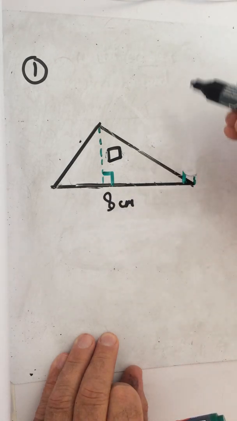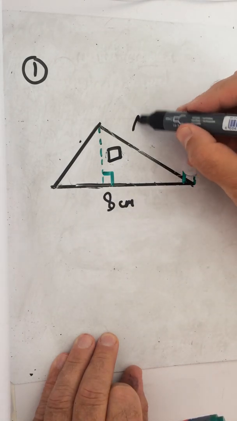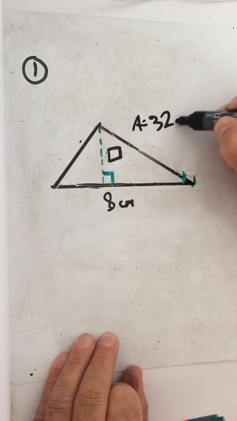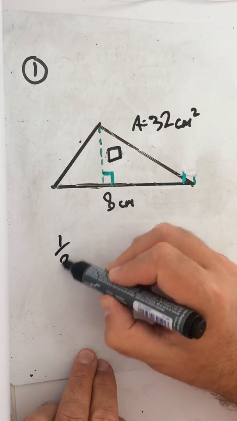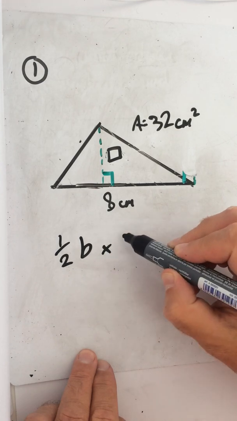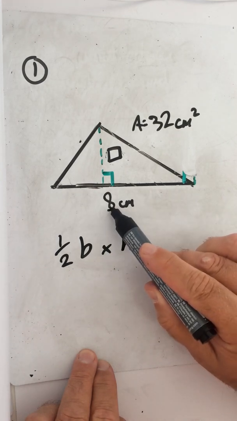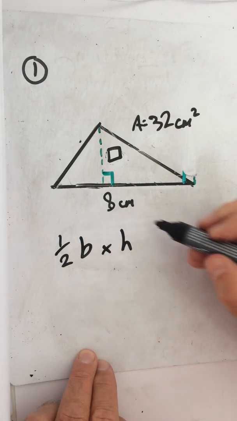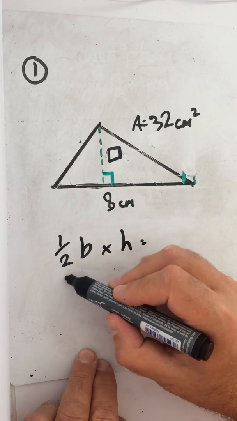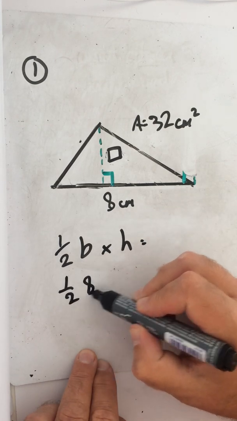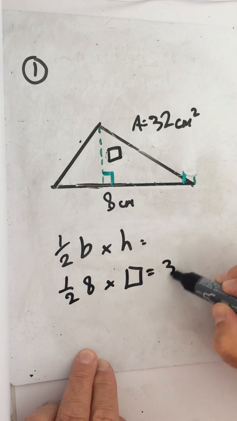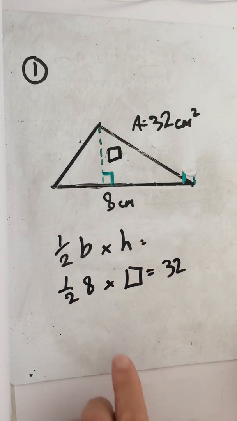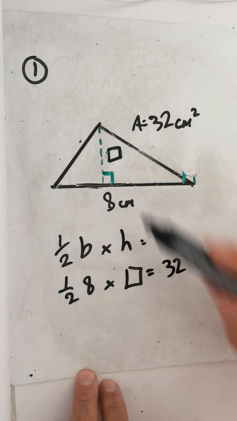Totally irrelevant, the base times the height, and you know that the area is equal to 32 centimeters squared, okay? So again, our formula is half of the base times the height. Now we know the base is 8, don't we? Okay, so it'll be half of 8 times whatever the height is equals 32. Again, just working through our formula, we can work that out.